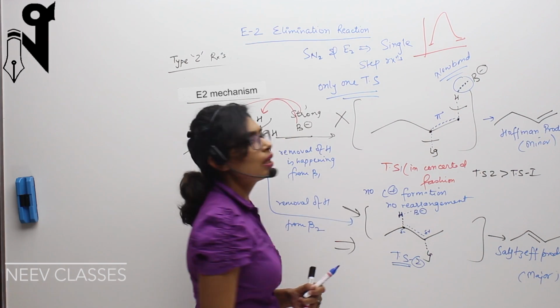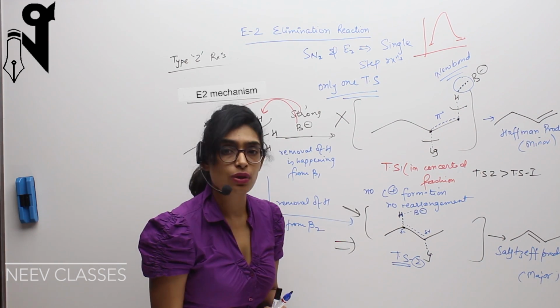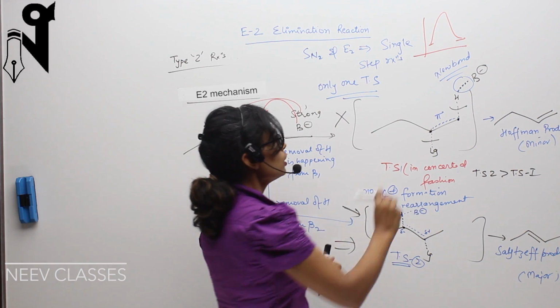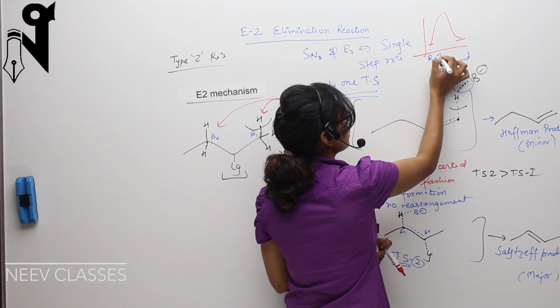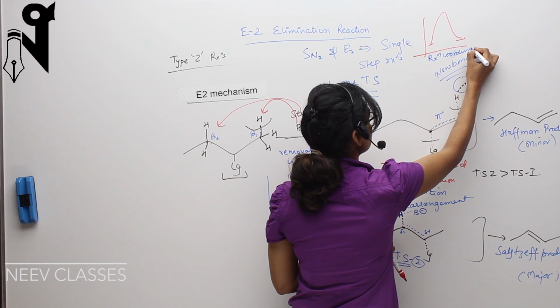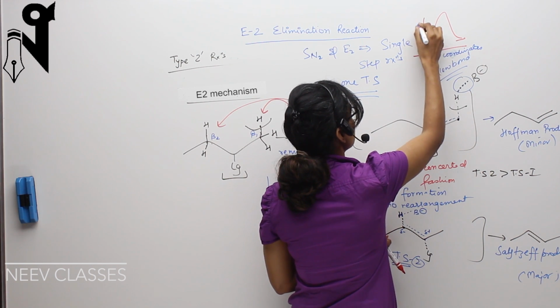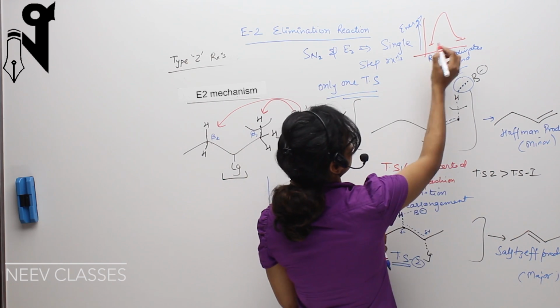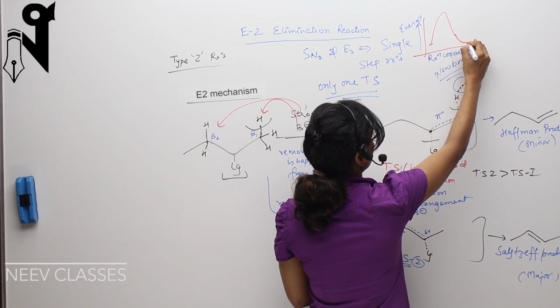We have discussed the potential energy diagram in detail in the case of SN2. So exactly the same potential energy diagram will be formed in E2 also. This is the reaction coordinate, and this is the energy. Right? Let's just make it like this.